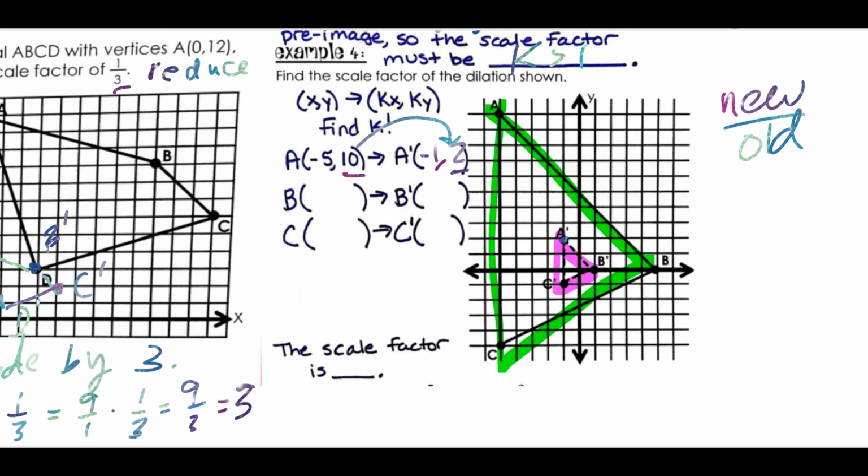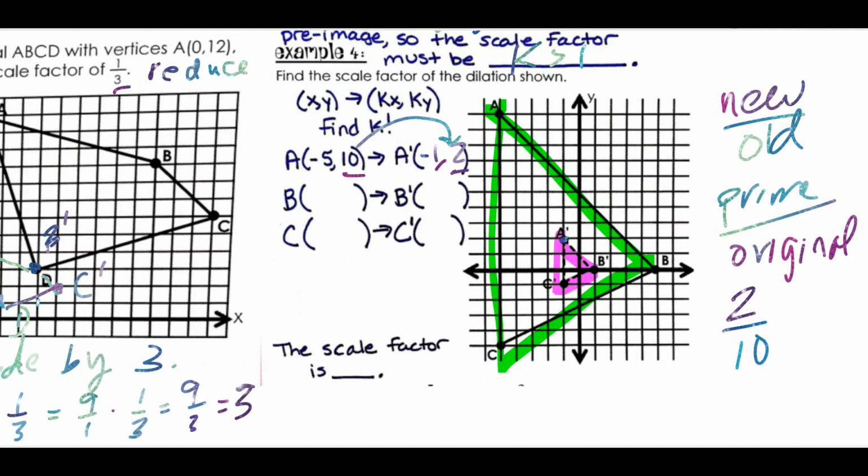So how do I figure that out? Some of y'all are just like, oh, I know. But if you don't know, you take the new divided by old, or the prime divided by the original, or you want to say the image divided by the pre-image. So you can take the 2 and divide it by 10, because the 2 is the new point divided by the old point, and get 1/5, which means, y'all remember what I did over here?